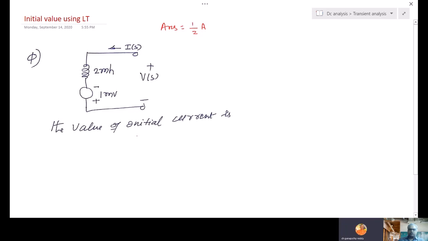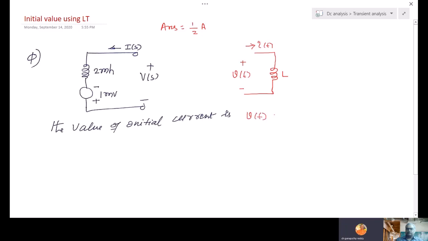To solve this type of problems, we need some background information. What we should know is, if I take one inductor in time domain, so V of t we are applying, the current is I of t, inductor L. So what is the equation?